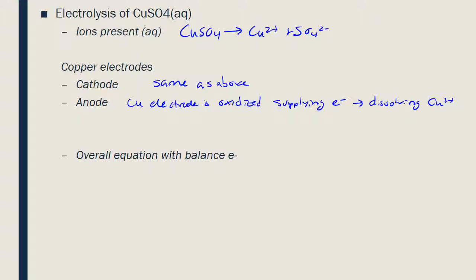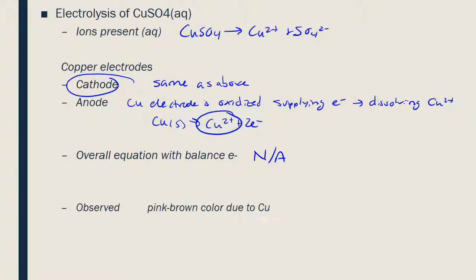So really what's happening at the anode is neither water nor sulfate is actually going through oxidation. It's the electrode itself going through oxidation. So that copper of the electrode is just going to re-release copper ions and electrons. So there is actually no net equation because the copper ions that are being taken up at the cathode are being resupplied at the anode. So there's no change.